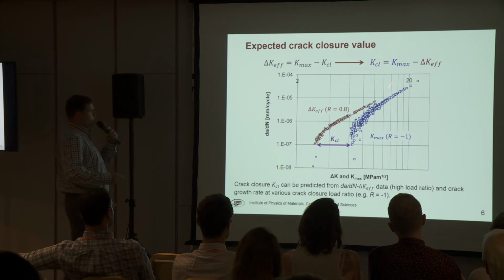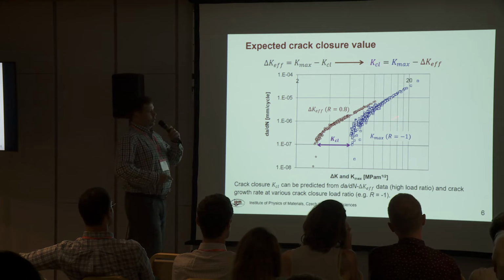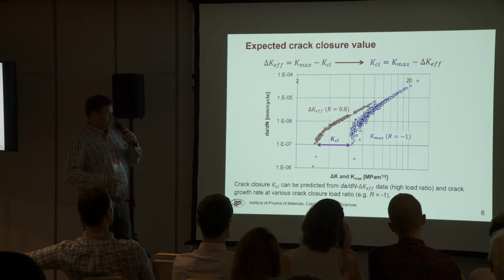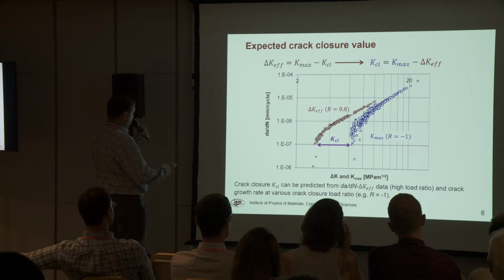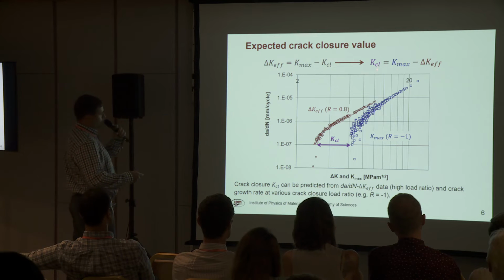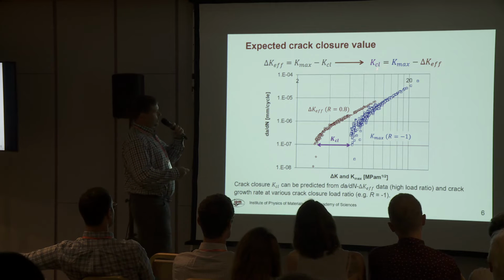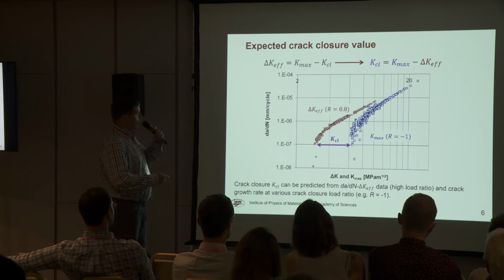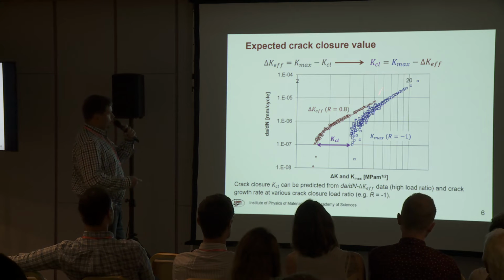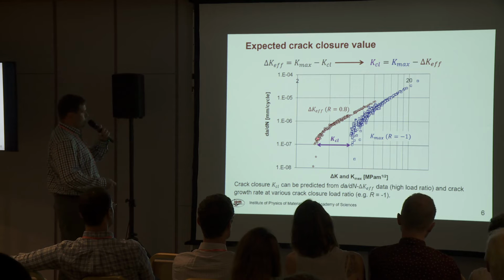And when we have some data which are determined at some load ratio where crack closure occurs, e.g. -1, then if you know this known formula and you express crack closure, you can determine crack closure from this formula, because it's just the difference between the K max and the delta K effective. So the difference between these two curves should be crack closure.